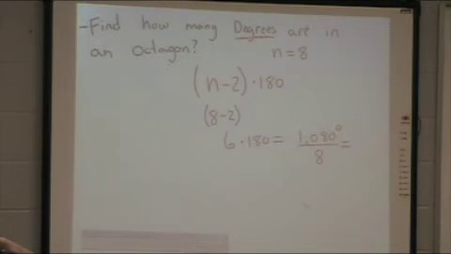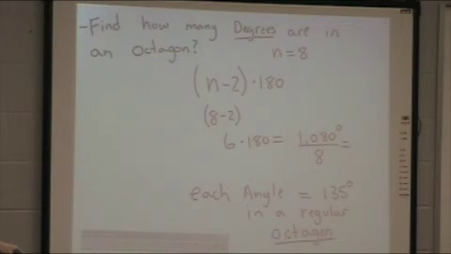So each angle, let's write down, each angle equals 135 degrees in a regular what? Octagon. I know a regular polygon, but we're telling which type of polygon it is.